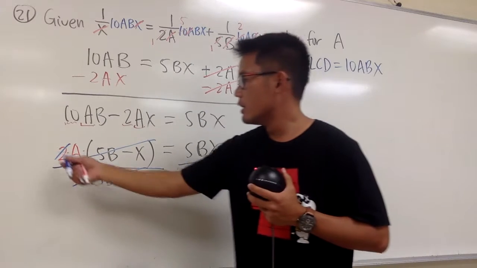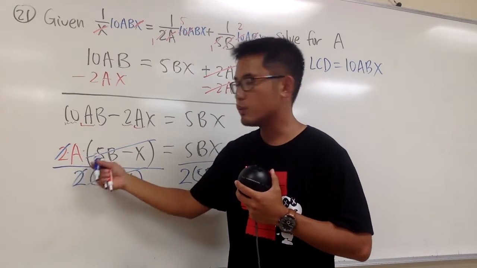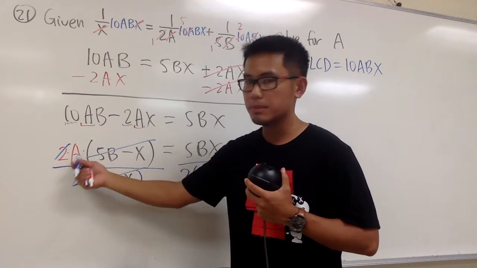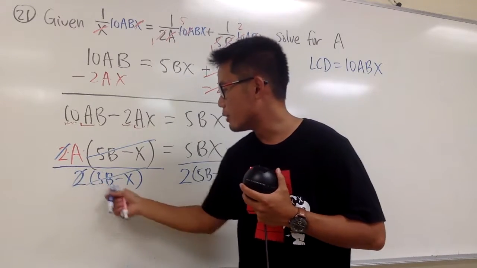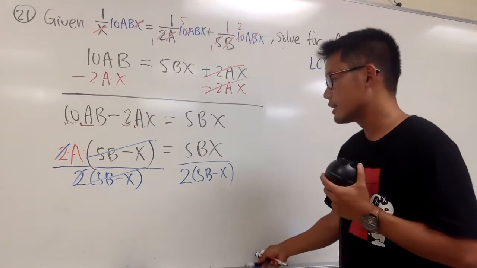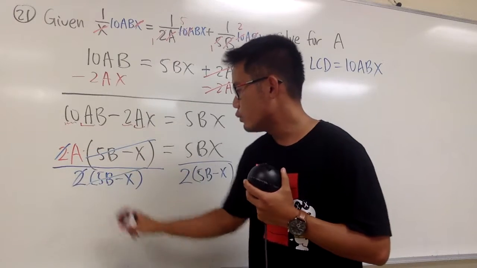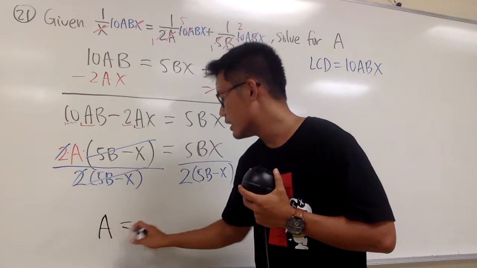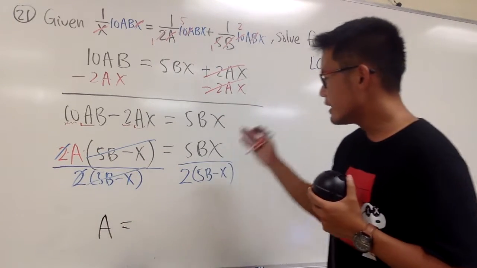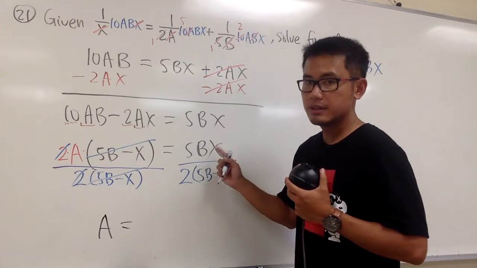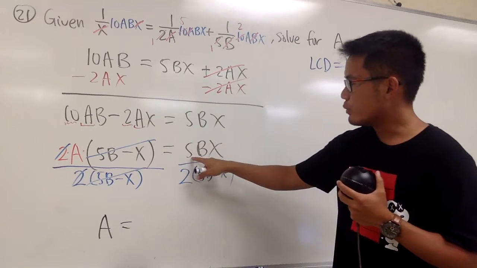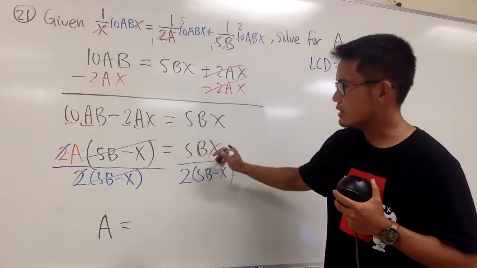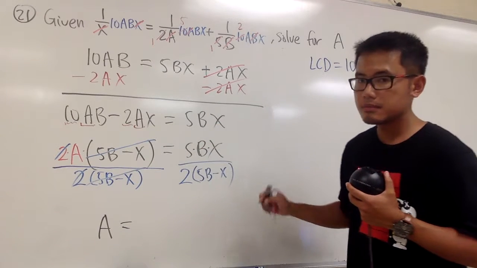Once again, 2 is multiplied with a. Likewise, this quantity was also multiplying with a. We have to divide both of them on both sides. So at the end, you see that a will be by itself now on the left-hand side. And on the right-hand side, we just have all this. Right here we have 5bx, but this is technically 5 times b times x.